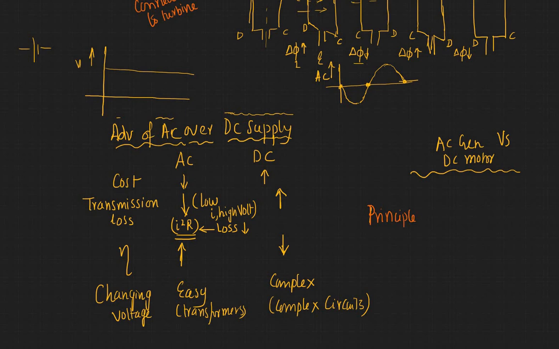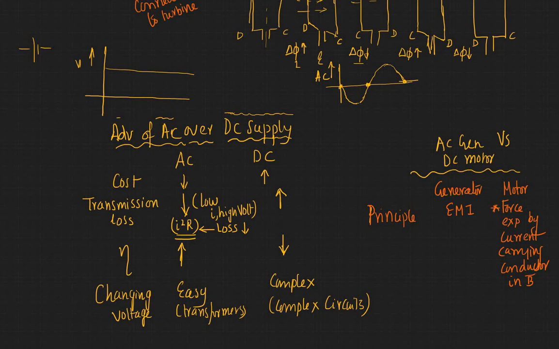The principle of a generator is EMI, electromagnetic induction. Of a motor is the force experienced by a current carrying conductor in a magnetic field. So that is the main principle.